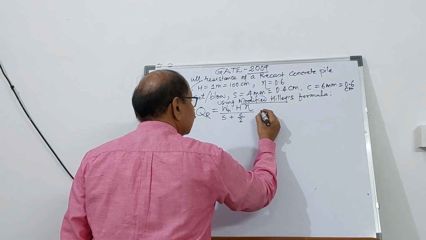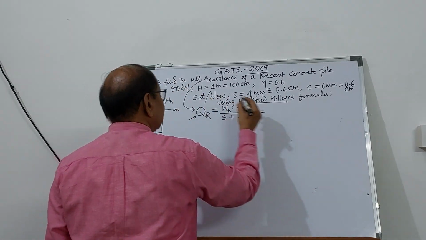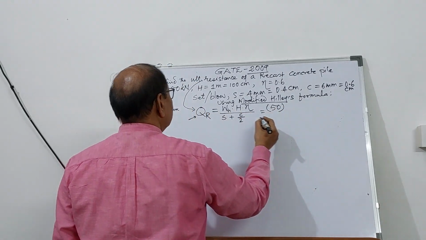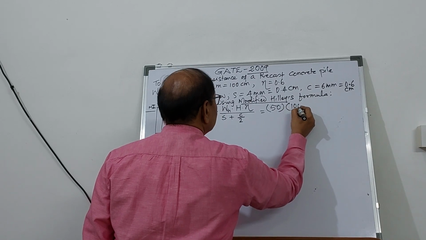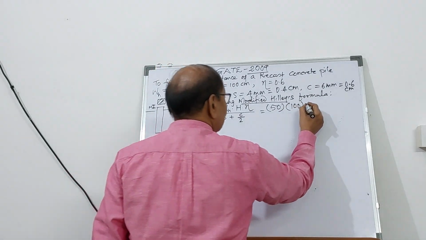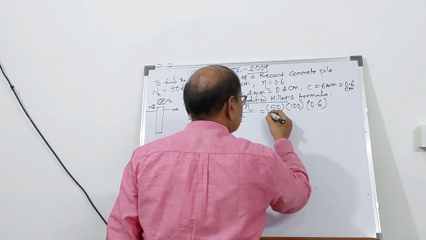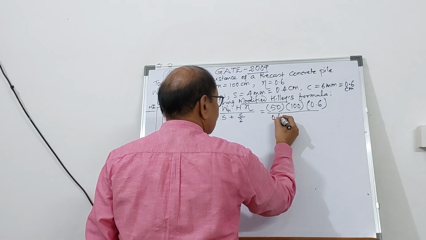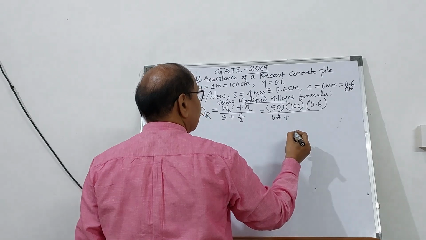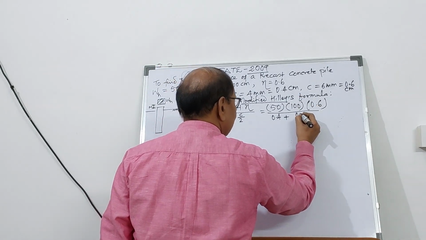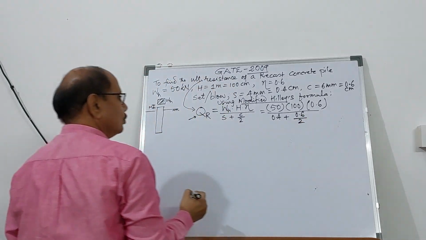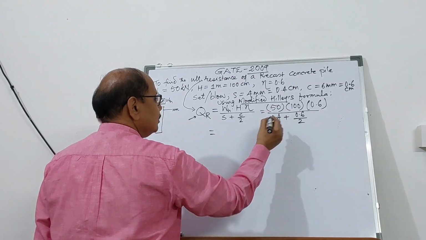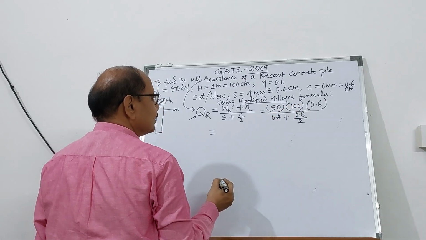Or we can say this is equal to weight of the hammer, which is given to you as 50, so 50 multiplied by H is 100 centimeter, eta is 0.6, and the set per blow is 0.4 centimeter plus the compression is given as 0.6 by 2. So if you simplify it, this becomes 5,000 multiplied by 0.6.